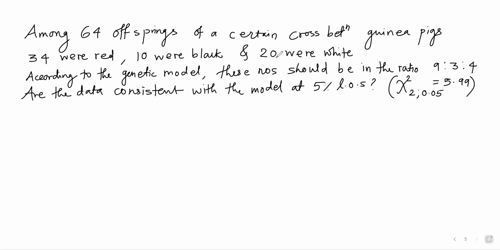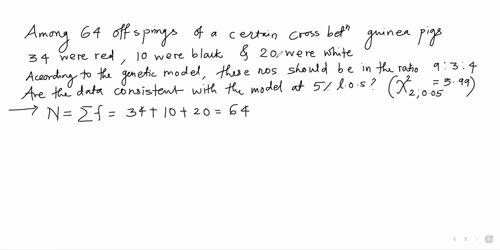Now see, the expected value has to be in the ratio 9:3:4. But what is given? They have given that the observed ones are 34 were red, 10 were black, and 20 were white. So first of all, I'll calculate the summation of F, that is capital N. We have 34 plus 10 plus 20, which is nothing but 64.